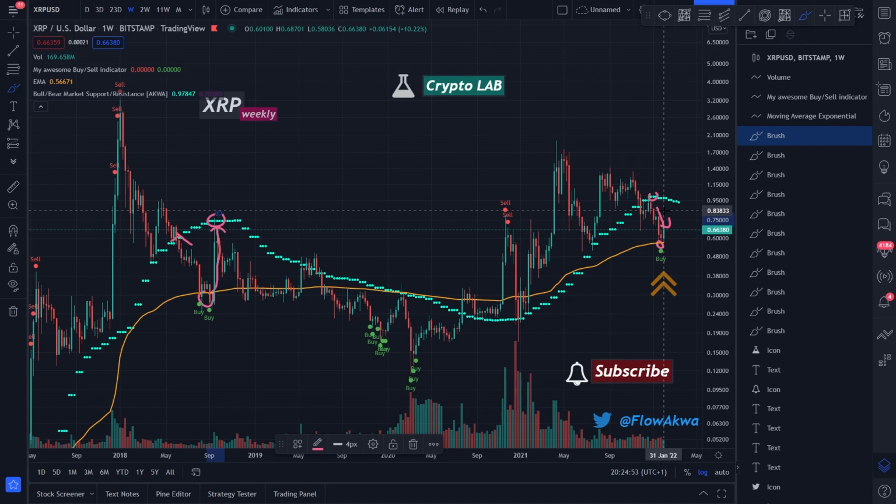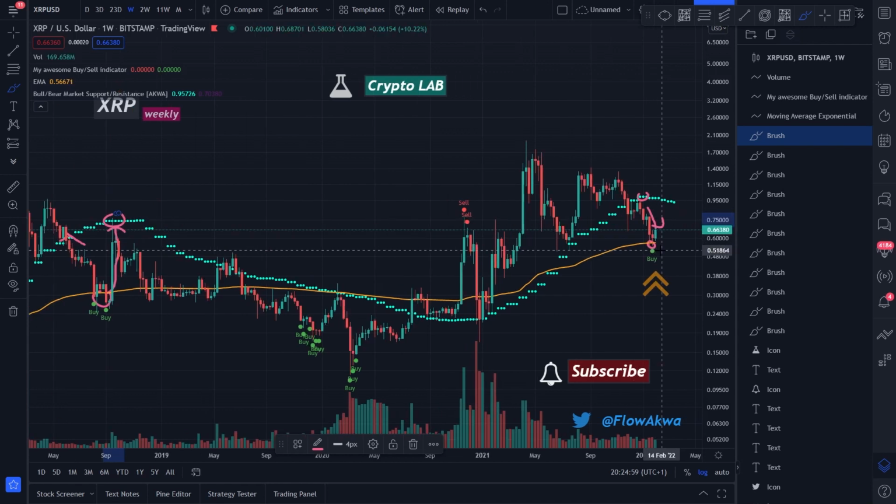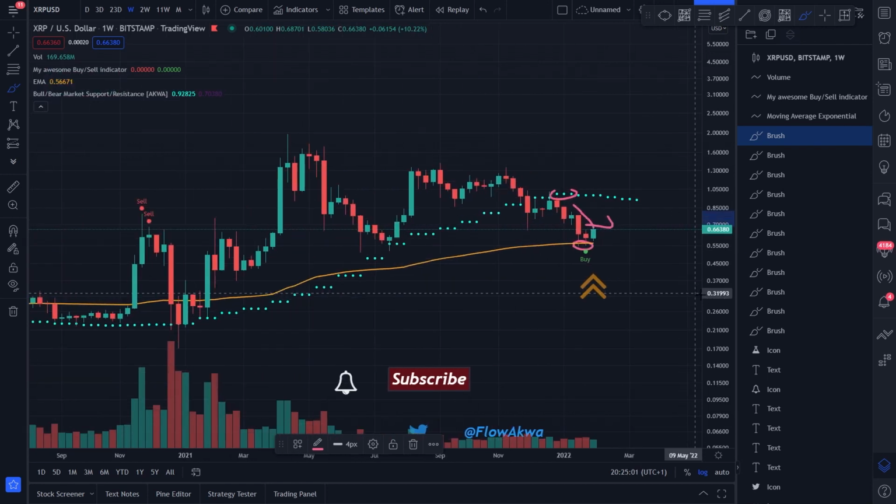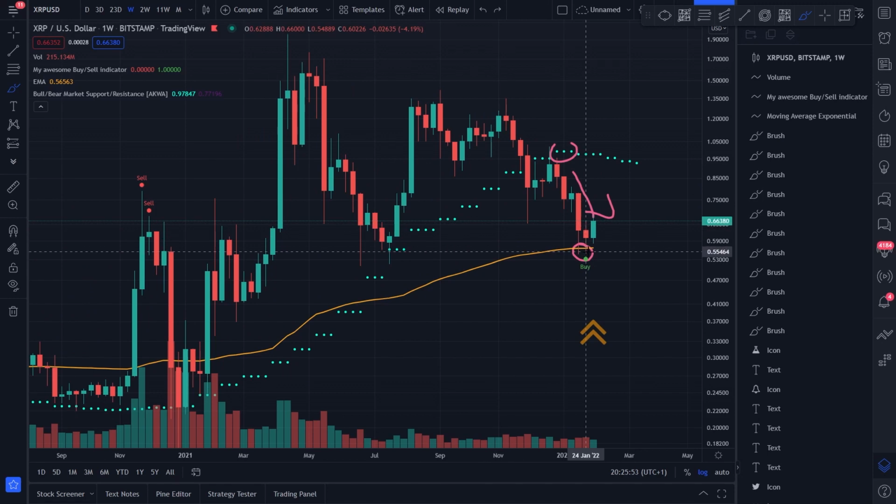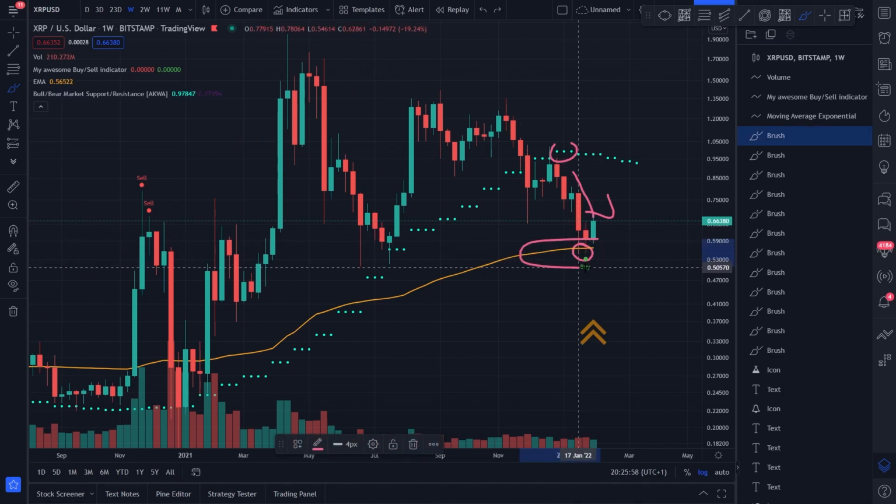But if we want to be bullish for XRP again, first we need to go back above the bull bear market line in blue. So to sum it up, we know that we have a very strong area of support here. And if the price goes down like this below this area, it's bad, guys. It's very, very bad. So we want to see XRP going up from now.